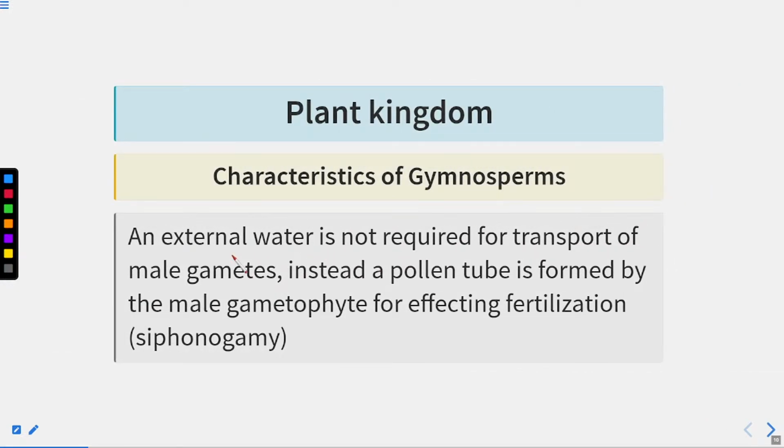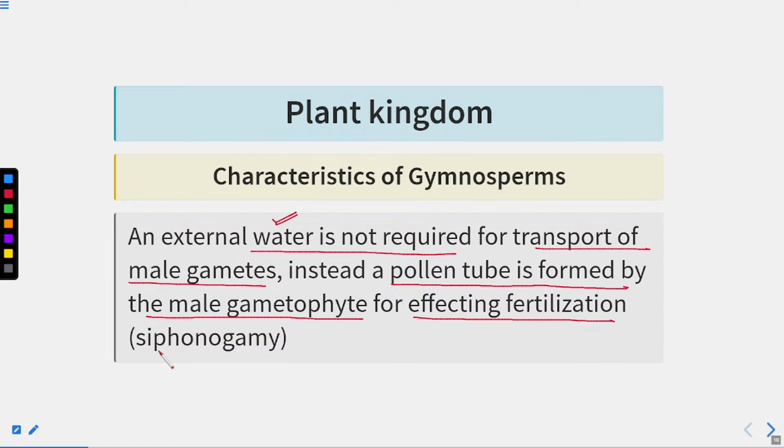External water is not required for the transport of the male gamete. This is a very important point: no water is required for transportation of the male gamete, as we saw in bryophytes and pteridophytes. Instead, a pollen tube is formed by the male gametophyte for effecting fertilization, which is siphonogamy.